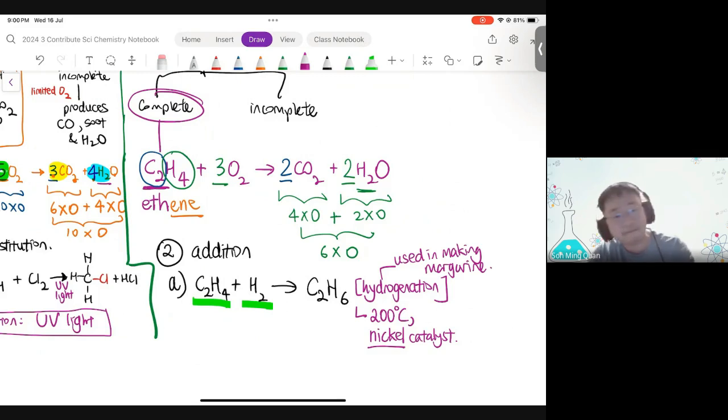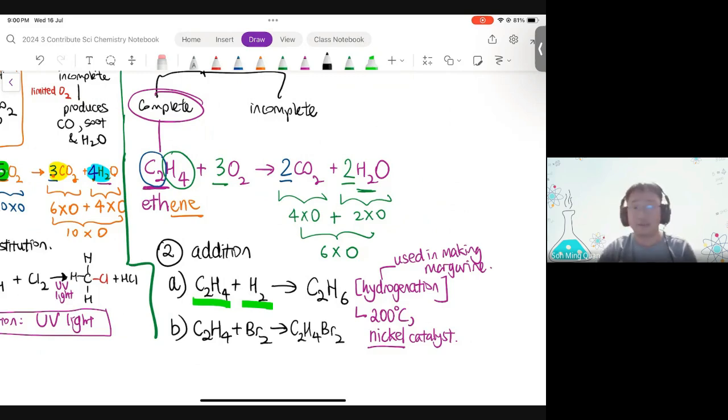Now the next type of addition, we need not add H2, we could add Br2, bromine. Again, just add them together to form one product. So the idea is one product on the right. So it's C2H4 Br2. That's it.